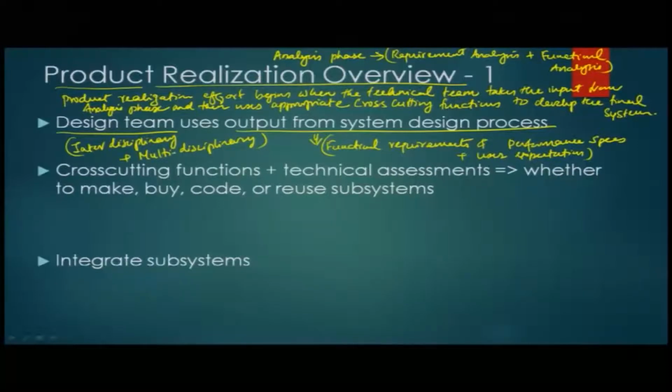Within the same discipline they could have multiple specializations also, and there could be people across different disciplines. So, the design team is usually interdisciplinary and multidisciplinary at the same time, and they utilize the output from the system design process, which gave them the functional requirements, performance specs, and the user expectations.